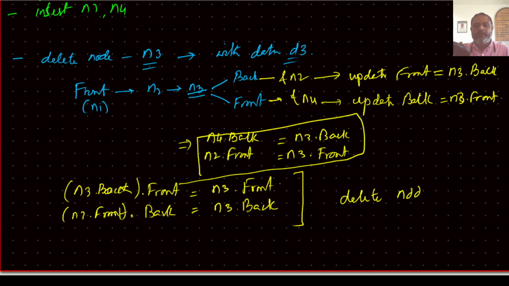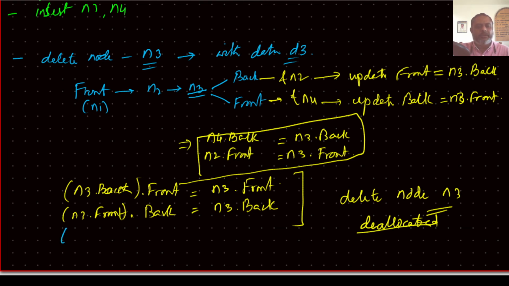And once this is done, then node N3 should be deleted, or the memory should be deallocated. So we don't need to worry about anything. So this was an example of N3. Now it can be any situation.